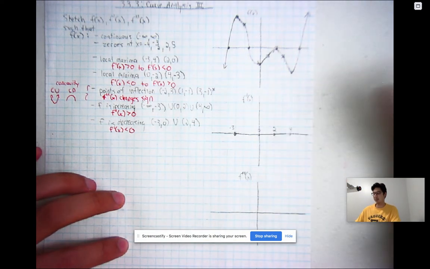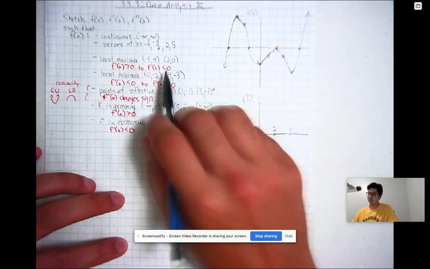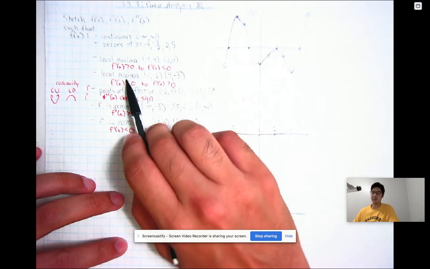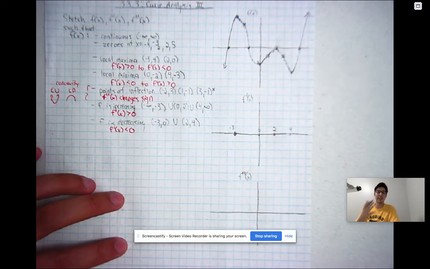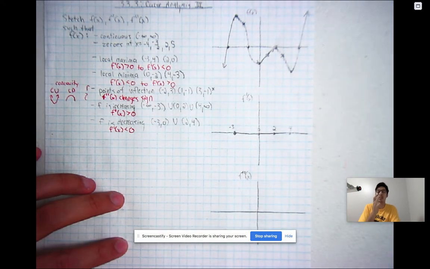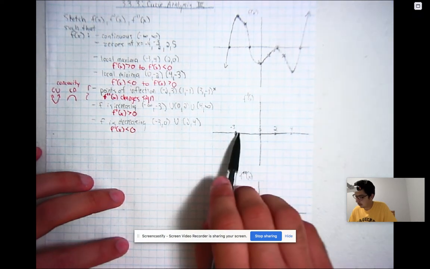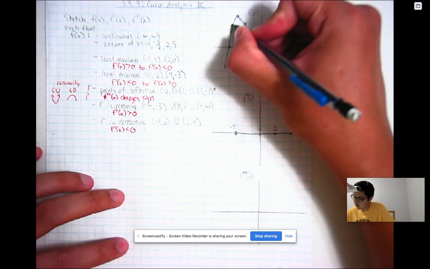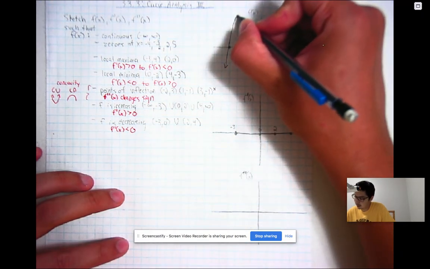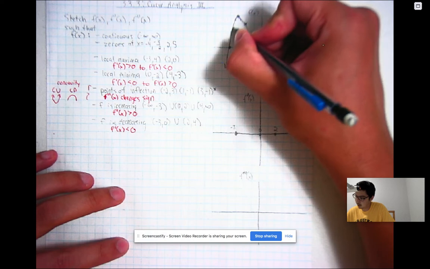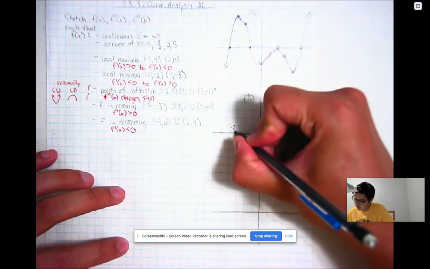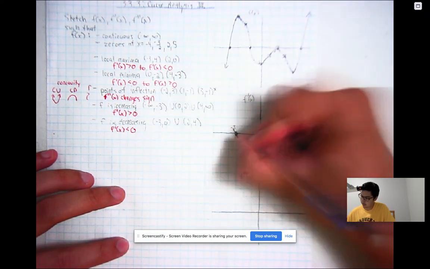And you might be asking, how did I get that from just these points? Remember that at a maximum or minimum, the slope has to change from positive to negative, or negative to positive, so it's equal to 0 at one point. Graphically, we can see at -3, the slope is going from positive to negative, so it would look something like that.